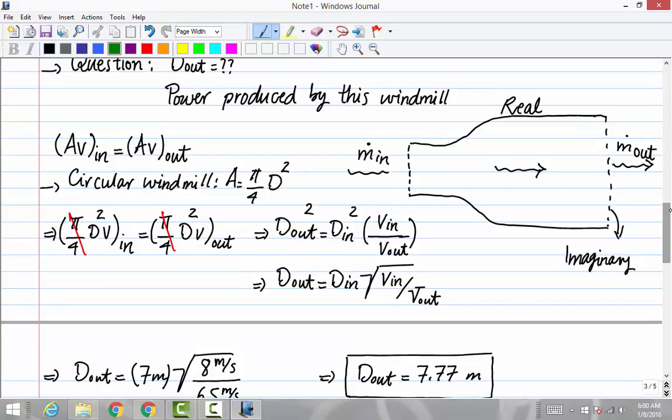So here we have this m dot in, and we have E dot in and E dot out. But this windmill is also producing energy, so energy can go out through these real boundaries. Call it energy sub power.